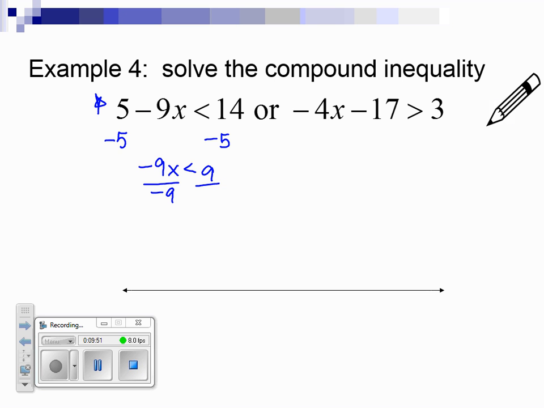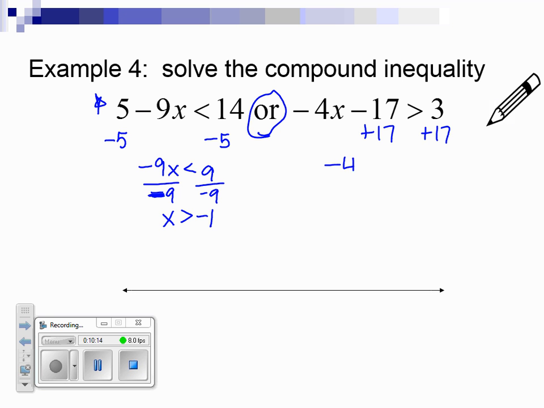Divide both sides by -9. Oh, dividing by a negative. That means I have to flip my inequality sign. So this says x is greater than negative 1. Or, okay, so my solutions are there, and then we're going to do this one, and then they might be over here. So now we're going to add 17 to both sides.